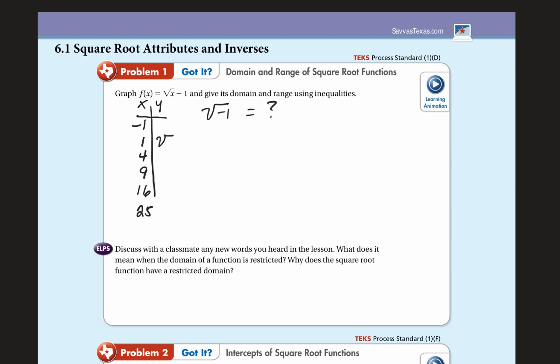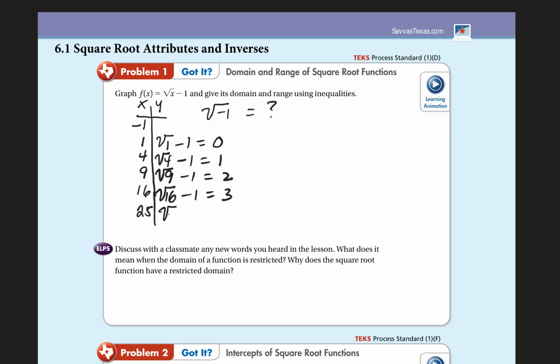So I have the square root of 1 minus 1 is equal to 0. Square root of 4 is 2, minus 1 is 1. Square root of 9 is 3, minus 1 is 2. Square root of 16 is 4, minus 1 is 3.